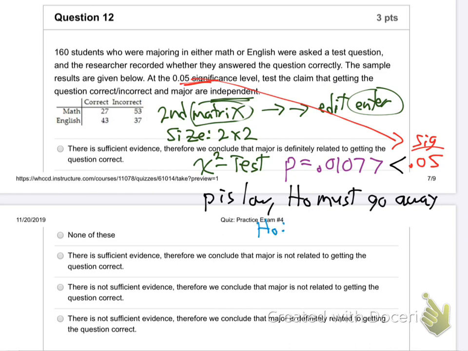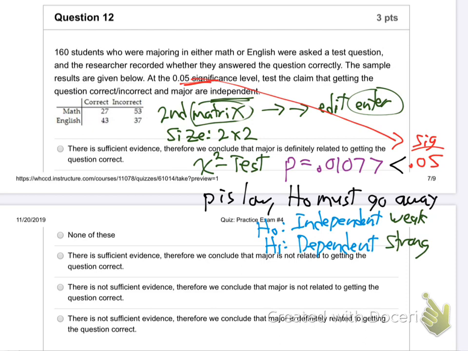The H0 was that they were independent. And the H1 is the opposite of that, and that would be that they're dependent. And the H0, there was weak evidence for it, like always. H1 strong. So the H0 must go away. So cancel out the H0. Keep the H1. There's strong evidence that they're dependent.